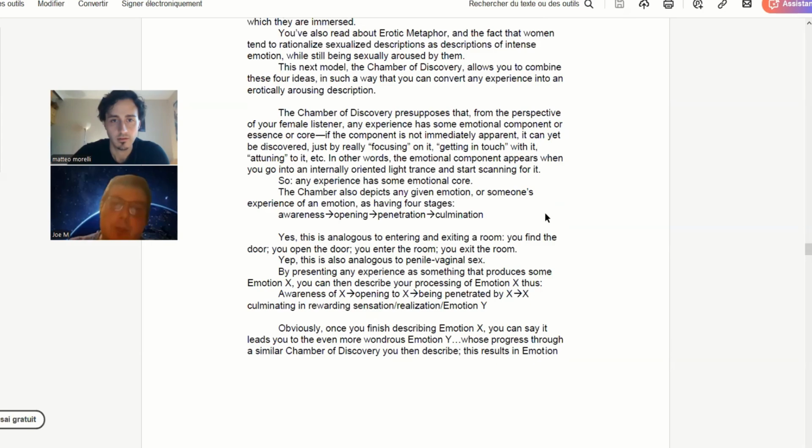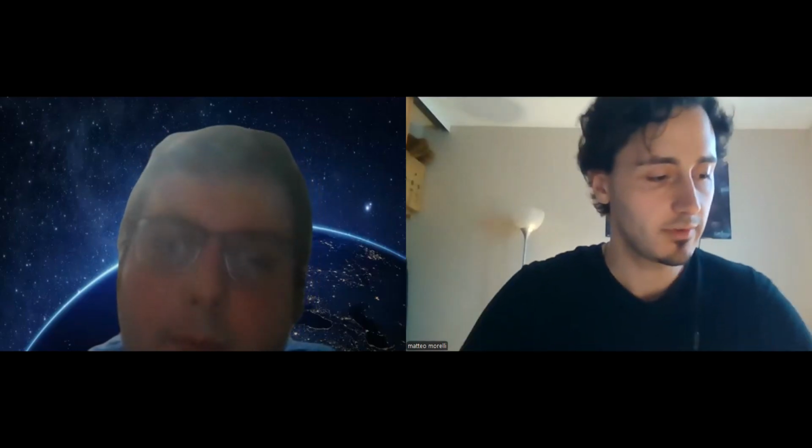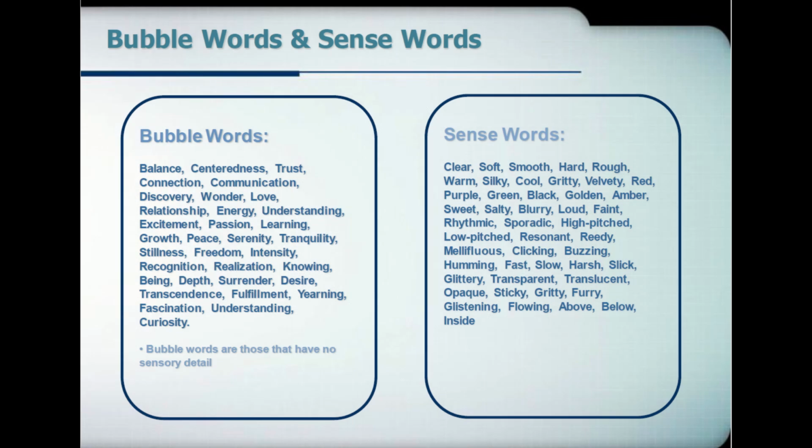Embedded command plus visual anchoring? Basically, the way I would simplify that technique is first of all by reminding what are his initial principles between bubble words and the sense words. Bubble words, what he calls bubble words, are anything belonging initially to the Milton model, therefore vague language, vague enough so that anyone can put their definition on it.